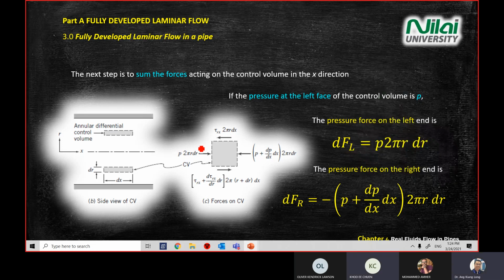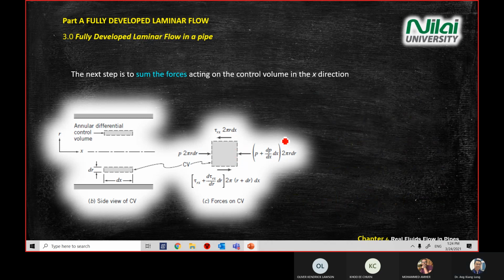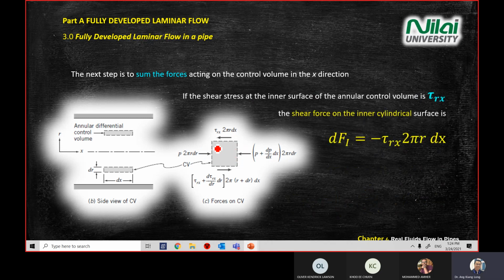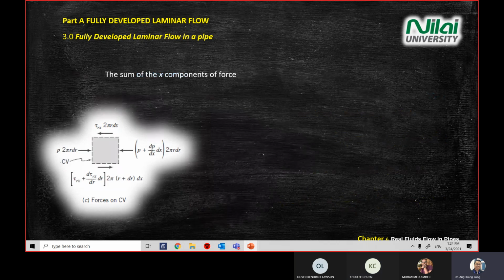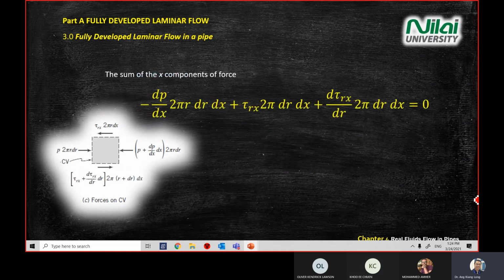This equation is this side, this equation is this side, this equation is this side, this equation is this side. So how many equations do you have? 4. So my question is, you are seeing 3 equations, so which equation is missing?